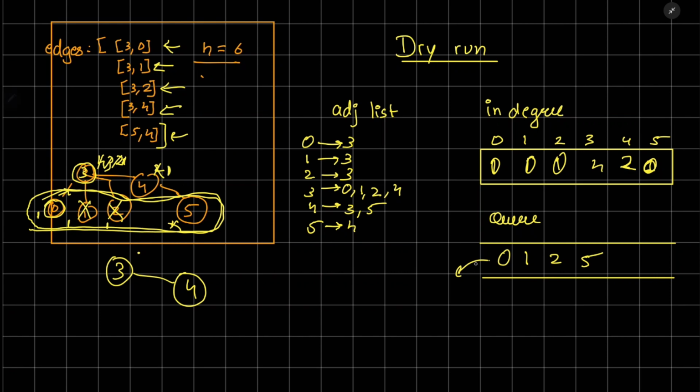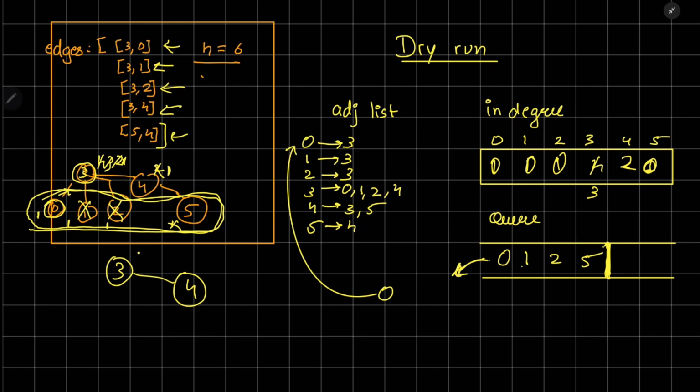So now we removed 0 and we will see the adjacency list of 0. That's why we made the adjacency list. The adjacency list of 0 contains only 3, so 3 will be decreased by 1 and it will become 3. Now let me put a marker here so we know that this was our first phase.